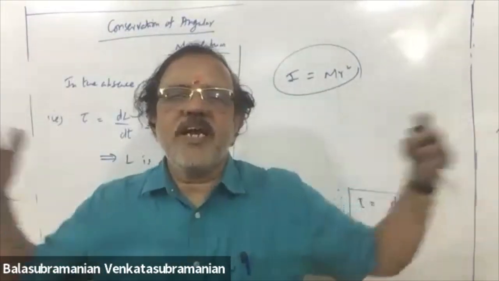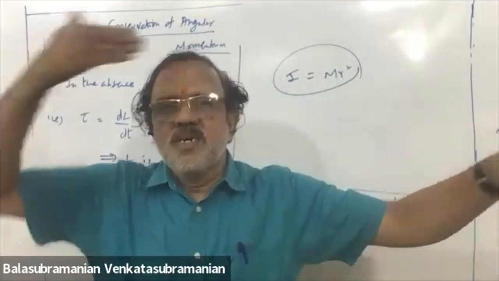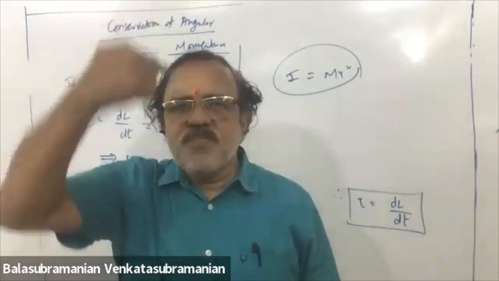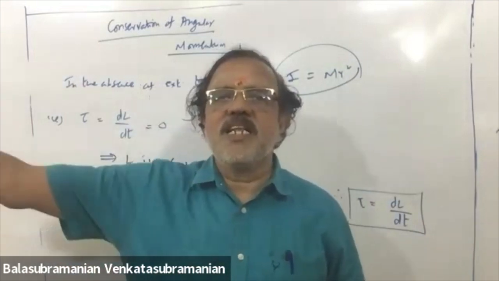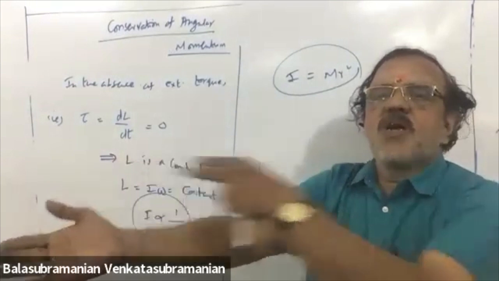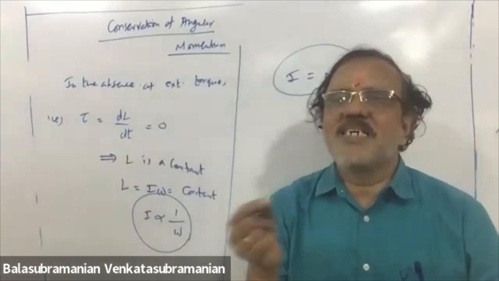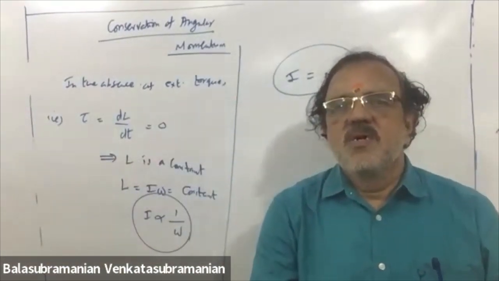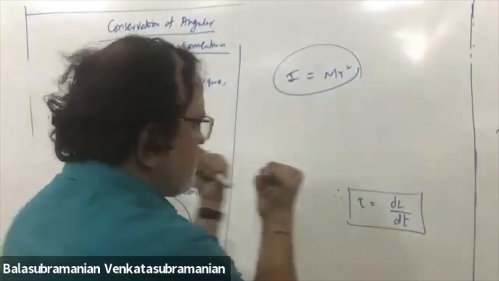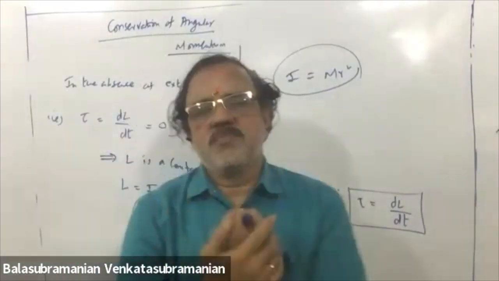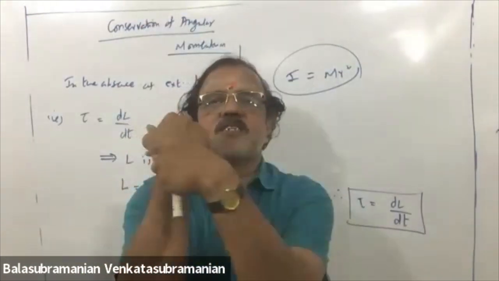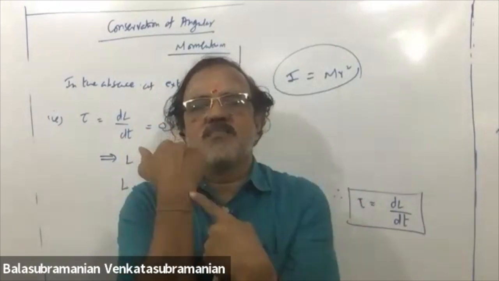From the axis of rotation till the end, this is called the radius or the distance. Suppose when he is folding his arms and rotating, the distance is small.